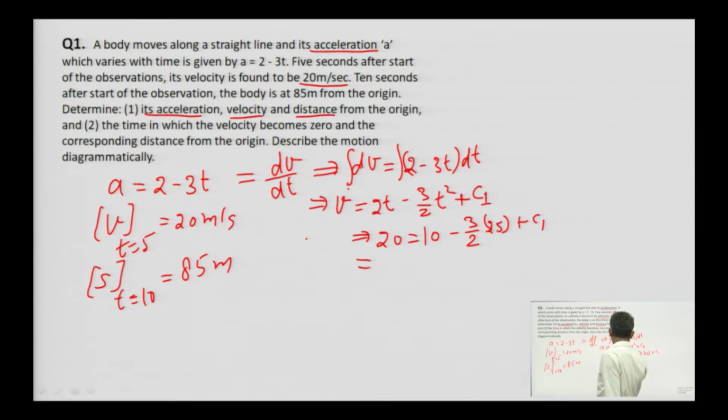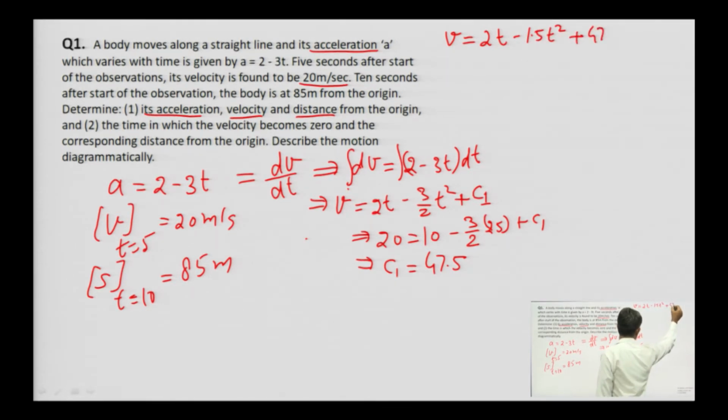So, the value of C1 comes to be 47.5. So, we have the equation v is equal to 2t minus 1.5 t square plus 47.5. That equation we derived.